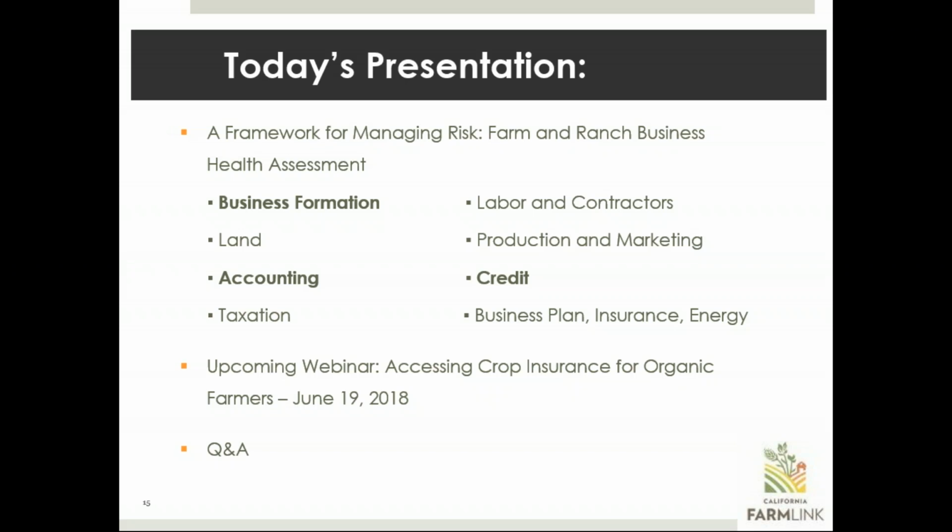It's a framework for managing risk in agricultural businesses, and it has 8 components, which are listed there on the screen. But we're going to spend most of our time focusing on 3 of those components: the business formation, accounting, and credit pieces of that business health assessment. We're going to touch on all of them briefly, but focus most of our time on those 3 areas.